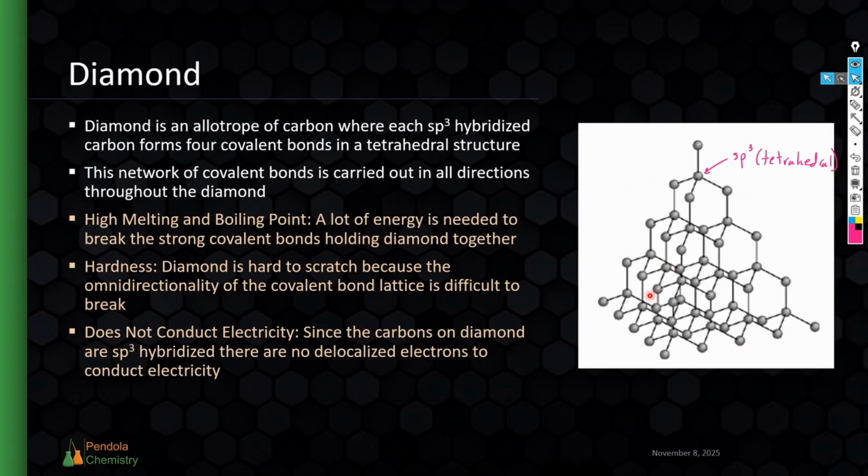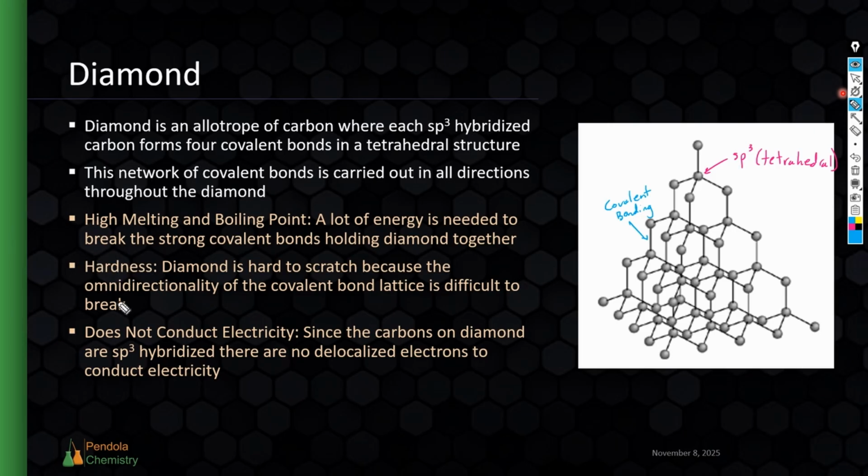Unlike simple molecular compounds, which are held together by intermolecular forces, diamond is held together by covalent bonding. That covalent bonding requires a lot of energy to break, and so it gives diamond very high melting and boiling points.